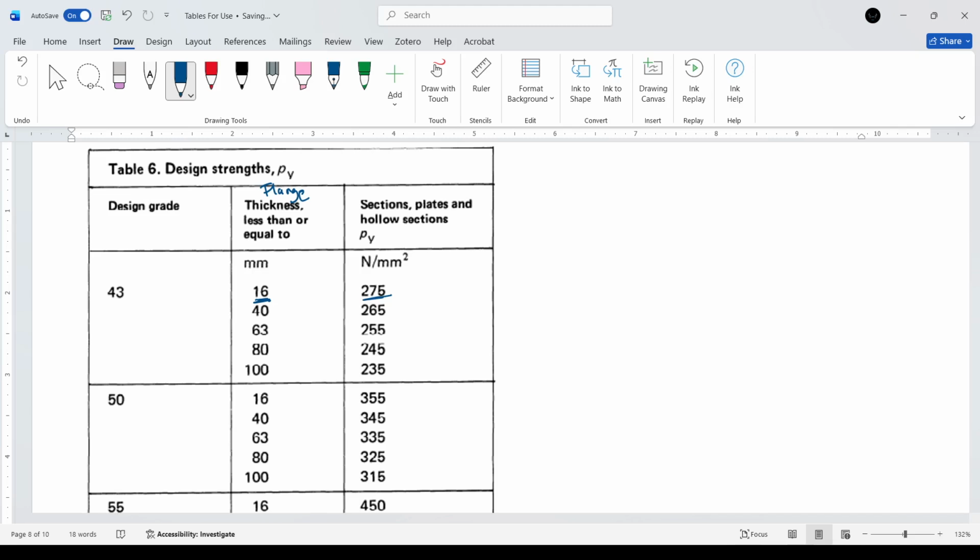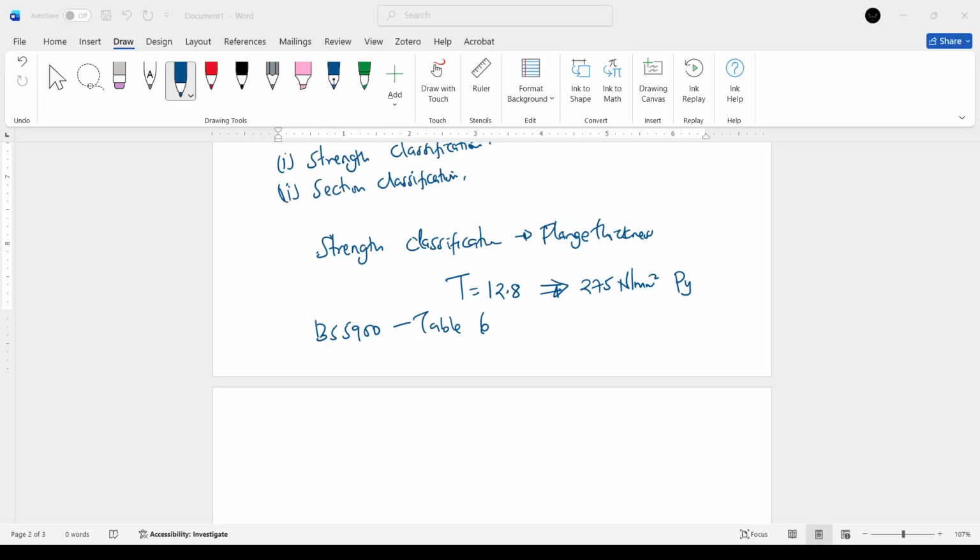What if we could have found it's 18 or 25? We could go with less than or equals to 40, which would be 265. So for our case, since it's 12.8, then it's going to go with characteristic strength Py of 275 newtons per millimeter squared.